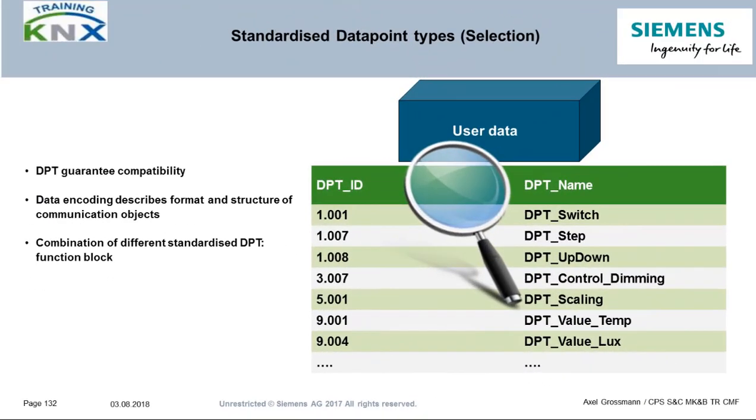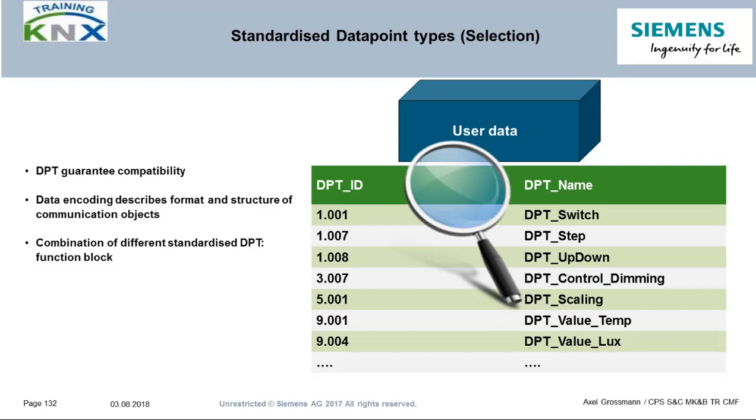Standardized data point types. As already pointed out in the chapter System Arguments, one of the most important success factors of KNX is the standardization. This applies, of course, also to the format and interpretation of the data transmitted in group communication. In this table, you see a small choice of the most common data point types for switching, dimming, and blinds control.